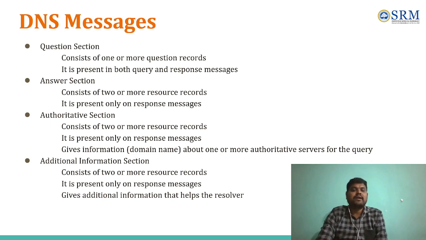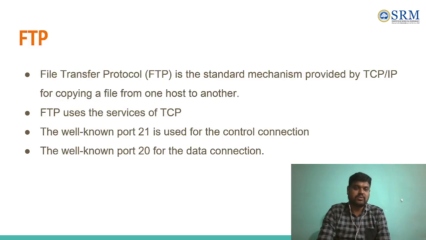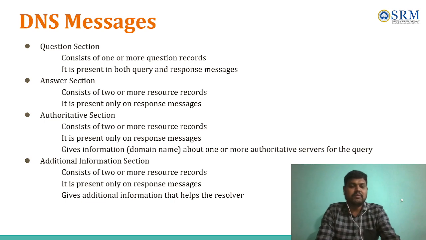It gives complete information about the domain name, about one or more authoritative servers for the query, so from where the information is given. Then if there are any additional or control messages to be included, the additional information section contains that information. So that's all about the domain name system.